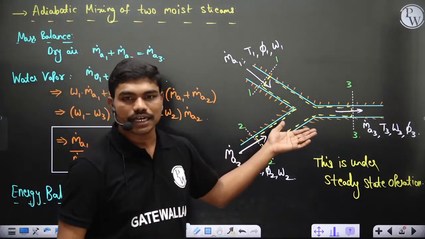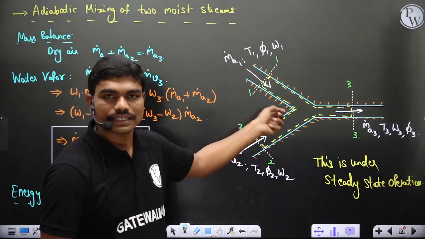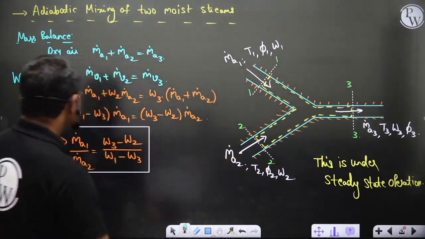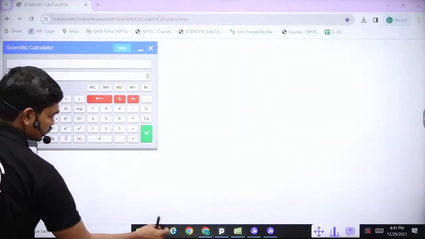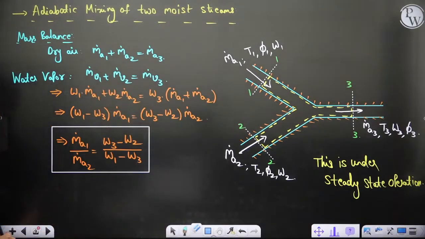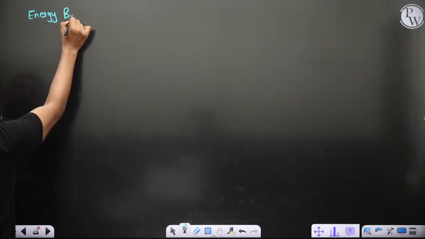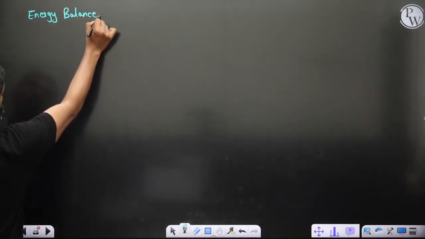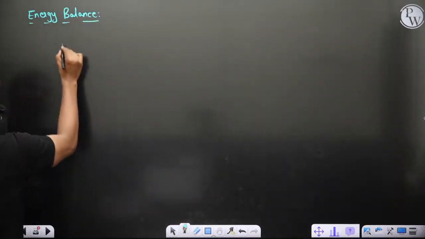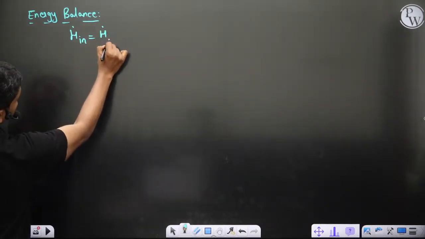If you neglect potential and kinetic energies, because kinetic energies will be very small compared to the enthalpy values, let us do this energy balance on the next page. Enthalpy coming in should be equal to enthalpy leaving.